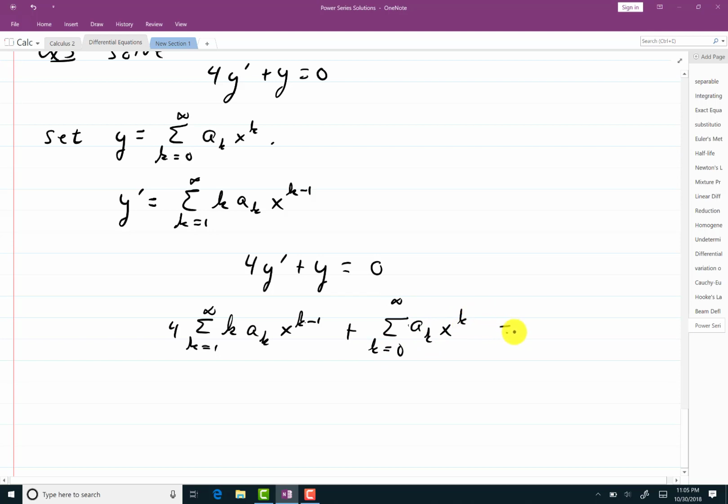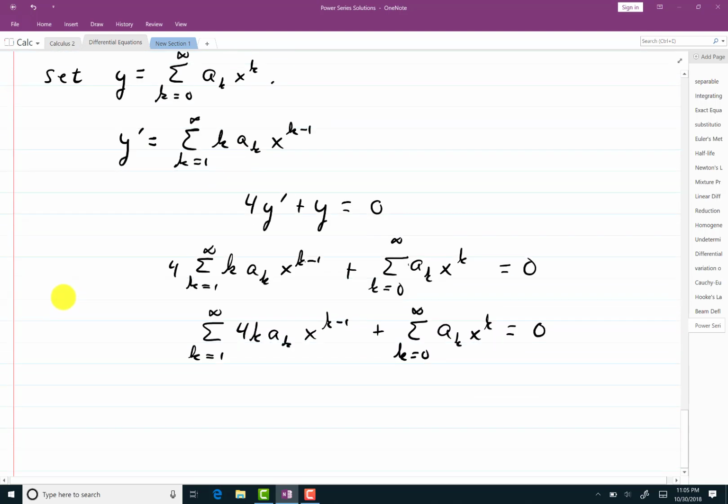And that equals 0. The 0 on the other side I do not want to worry about for a while. Next, I will suck the 4 inside of here. So the summation k equals 1 to infinity 4k a sub k x to the k minus 1 plus the summation k equals 0 to infinity a sub k x to the k equals 0.